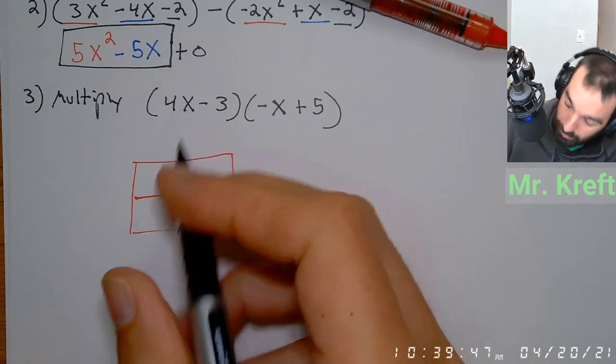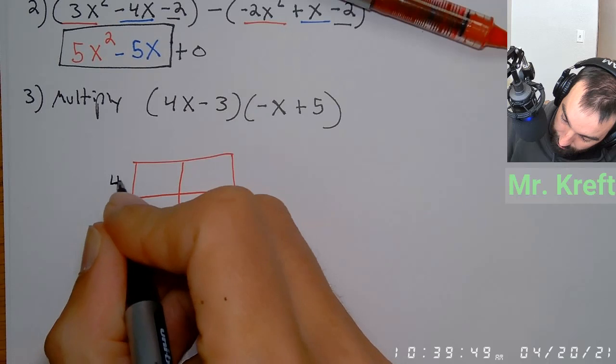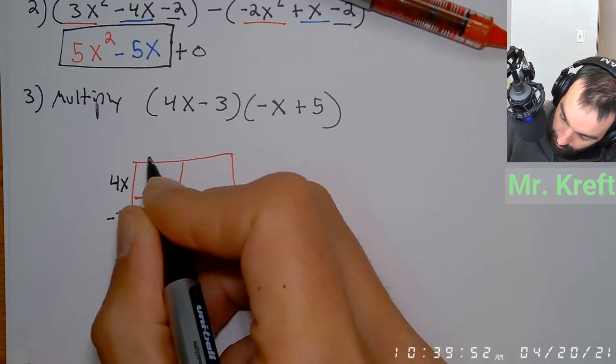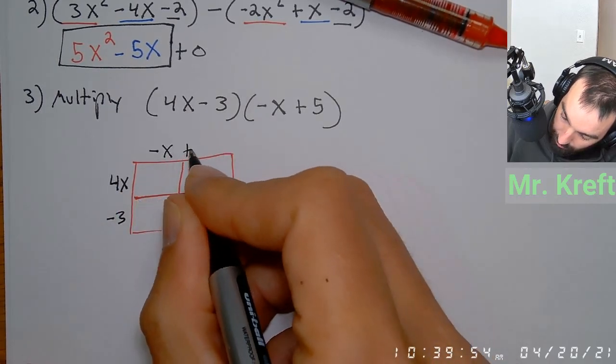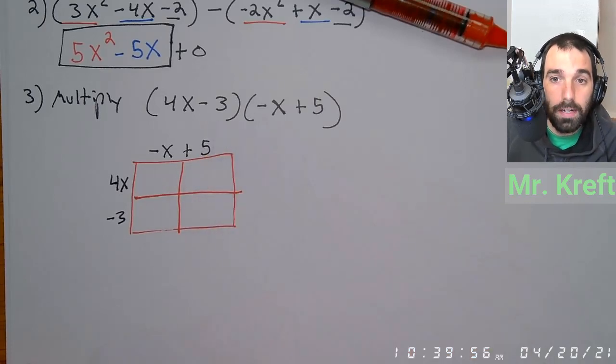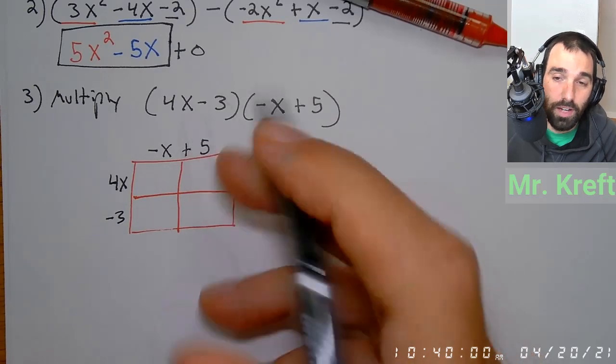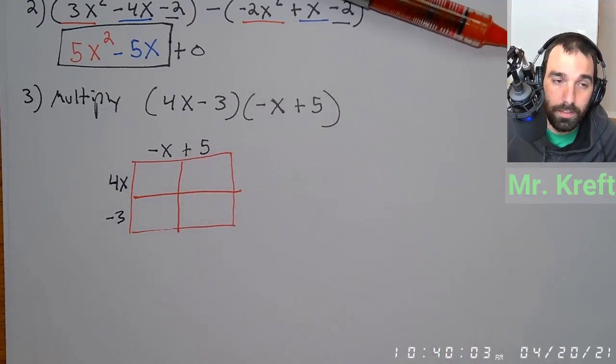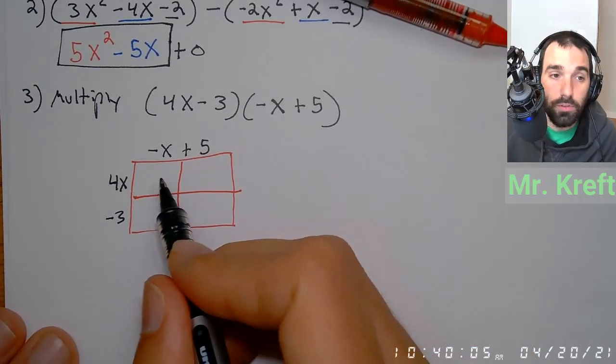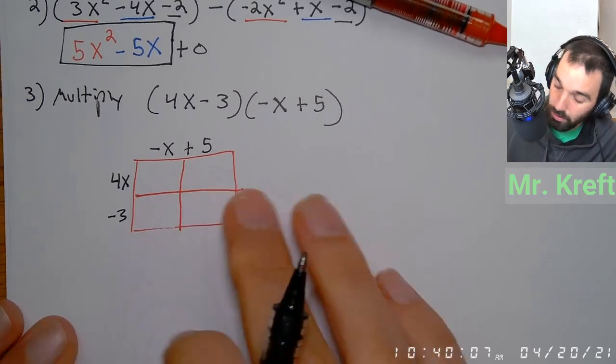And it doesn't matter where you put the 4x minus 3. You can put it on the top or the side. All that matters is that we label the sides with the two things that we're multiplying. So if you put the 4x minus 3 on the top, that's totally fine.